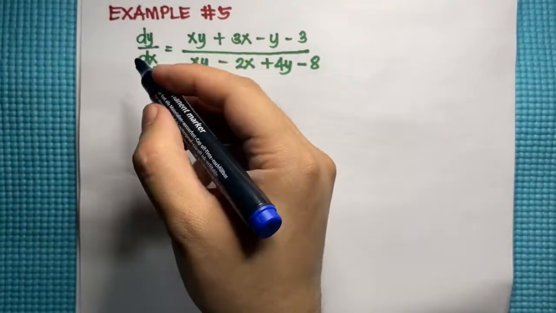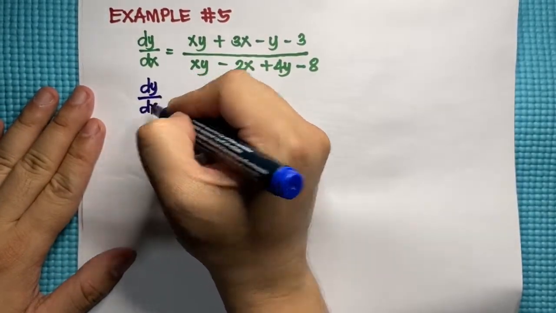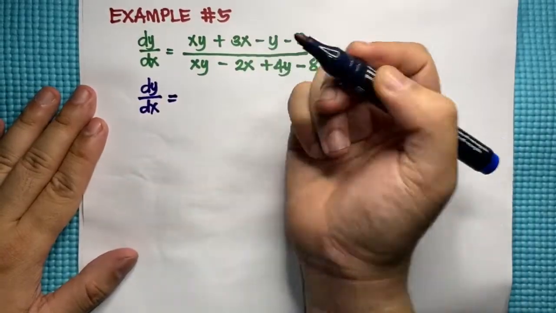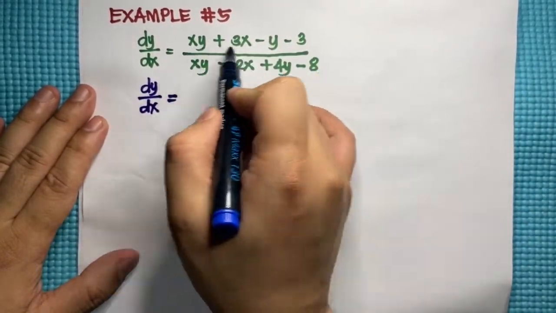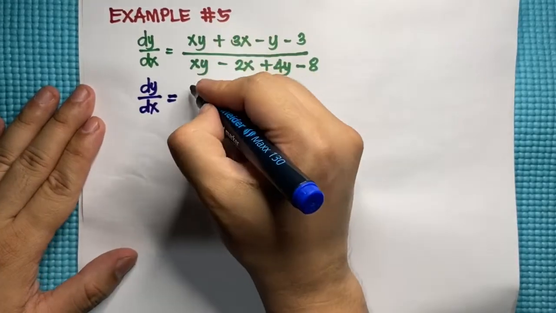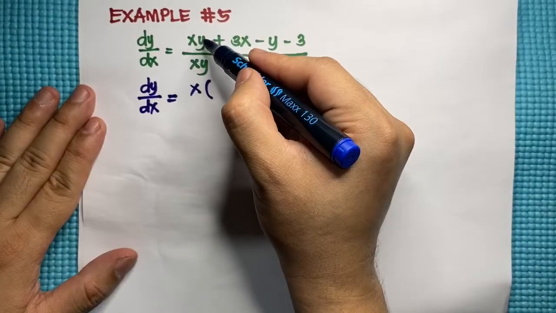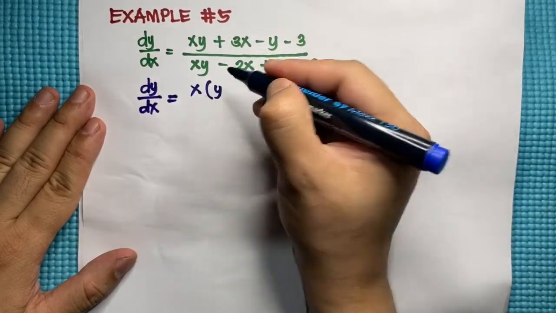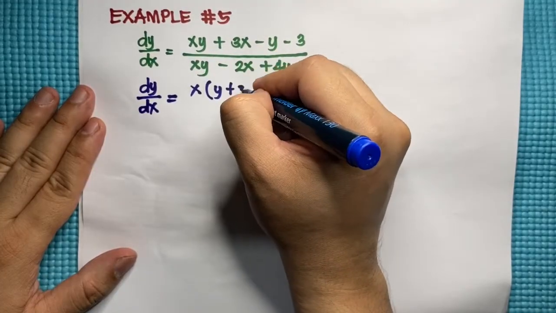So rewriting the given equation, that would yield dy over dx, and that is equal to, for the first two terms, what is common here is x. So that is x multiplied with, xy divided with x, that would give us y, and 3x divided with x, that would give us plus 3.